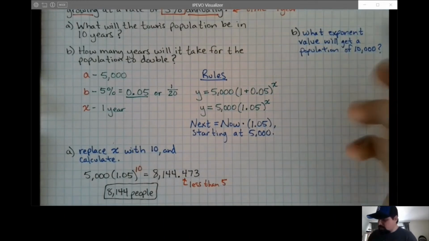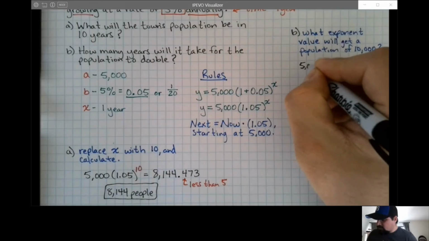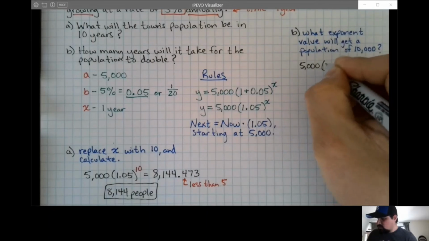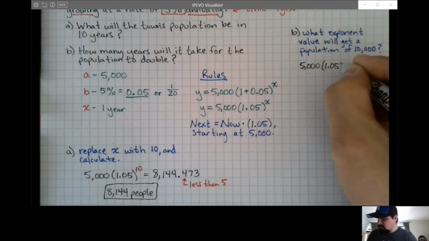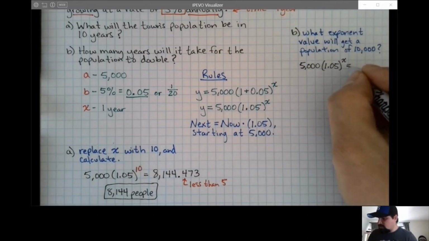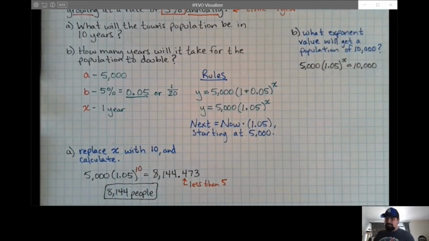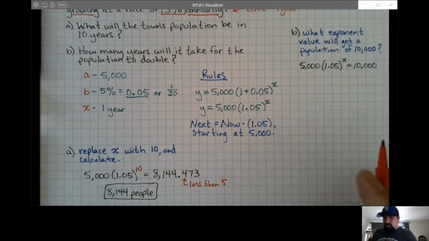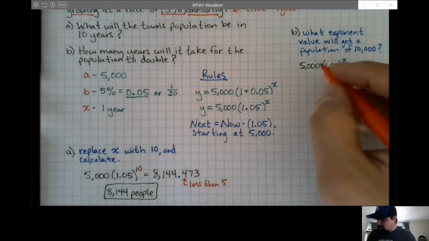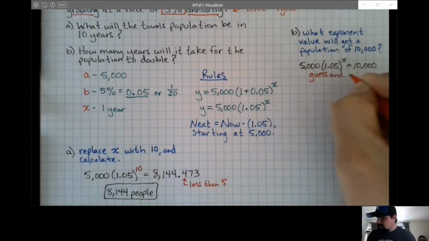So what that looks like is we're going to solve 5,000 times 1.05 with an exponent of x equals 10,000. The best way we can handle this right now without learning other new math is guess and check.